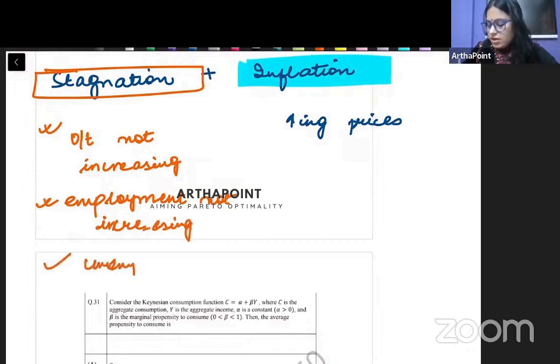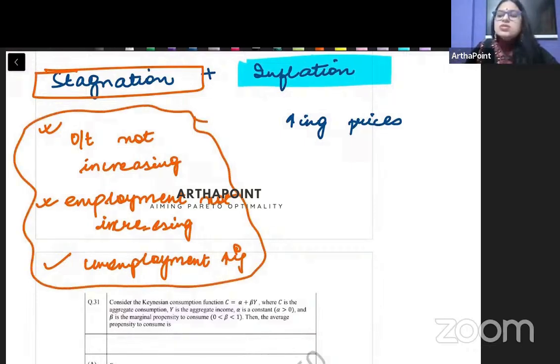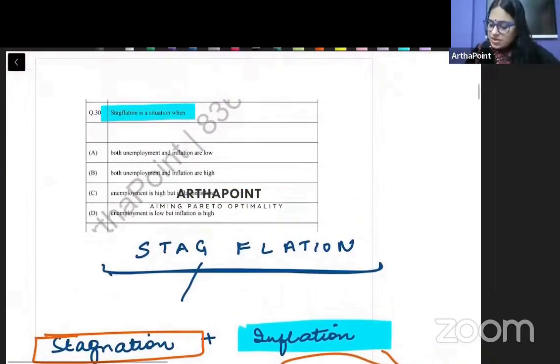Unemployment increasing. ये हो गया stagnation. So you have these stagnation features and you also have increasing prices. जब ये दो चीजें combine हो जाती हैं, when these two things combine, stagflation. So what will be the answer to this question?